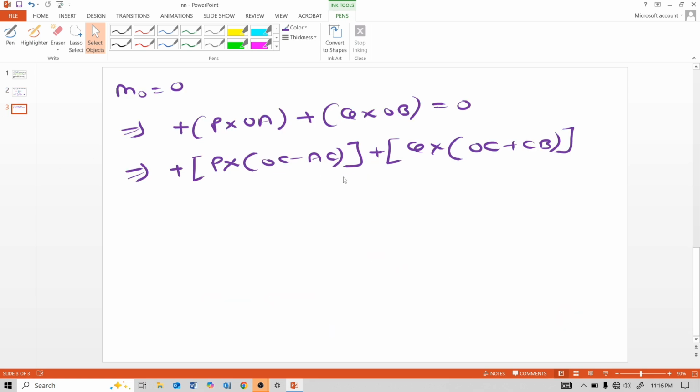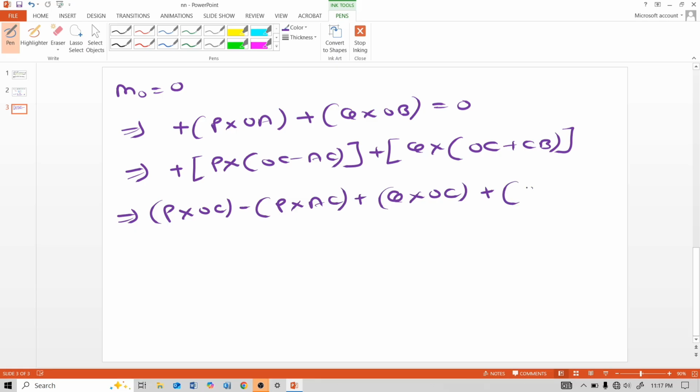Here, just do some mathematical calculation. P into OC minus P into AC plus Q into OC plus Q into CB.